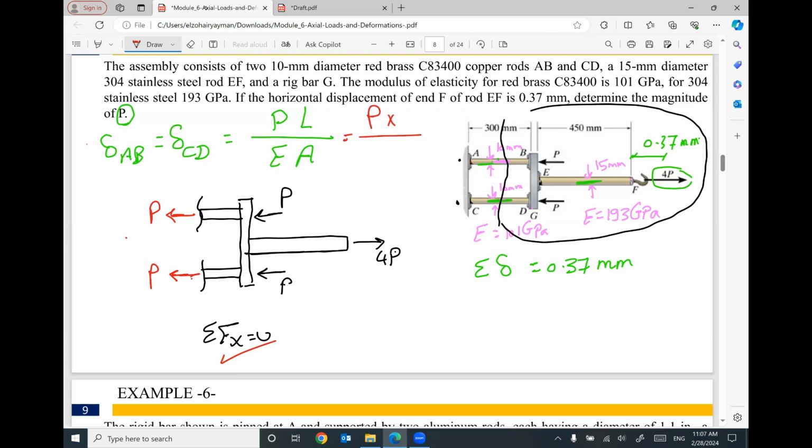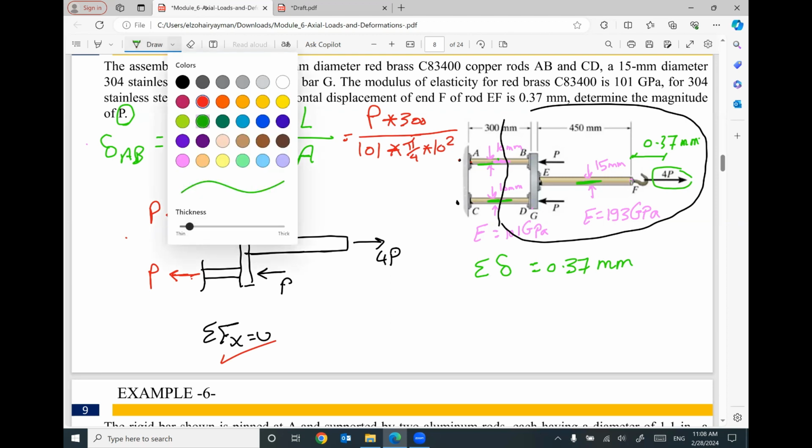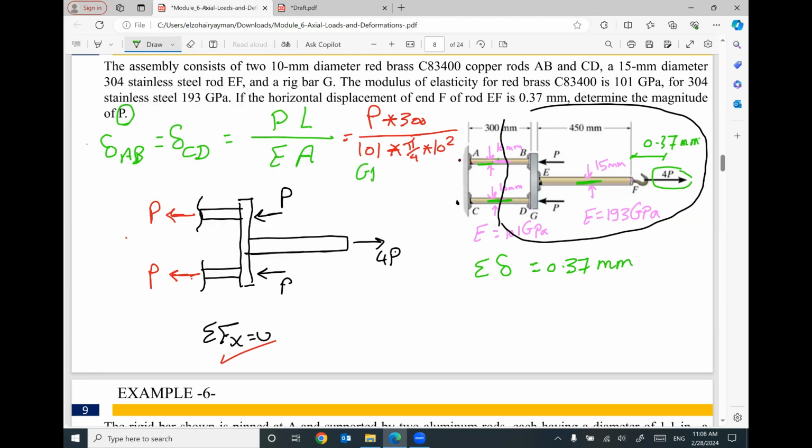I don't know how much this force is. The length of this part is 300 millimeter. The Young's modulus of this part is 101 gigapascal. The cross-section area will be pi divided by 4 times 10 squared. Be careful about the units. This one is gigapascal, so I will multiply it by 1000 to get megapascal, which is Newton per millimeter square. The area is in millimeter square and the length in millimeter, so the force will be in Newton.